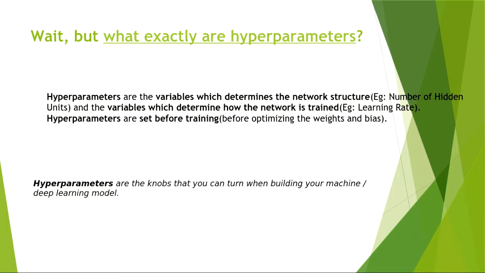At that time you were setting those hidden neurons, making it 100, then 200, then 400, and then checking and seeing all those values. But here you are doing it through random search. You are trying to implement it through a random search algorithm.